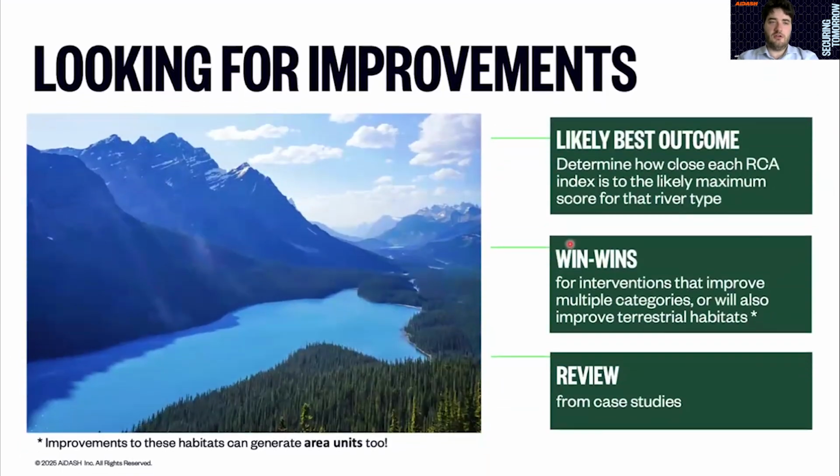So when we're looking for improvements, we want to be aware of what the maximum score that we're likely to get for that type of river is. How close are we to that? Where can we get the biggest wins for the least amount of effort? Where can we get win-wins? So where can we get improvements to the riparian zone that will also generate BNG units for the area habitats? That'd be great.